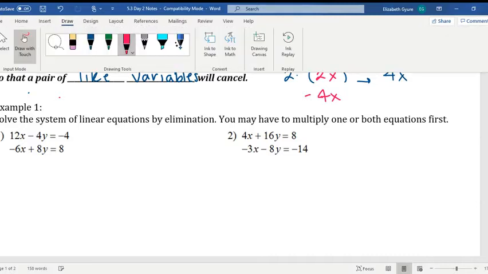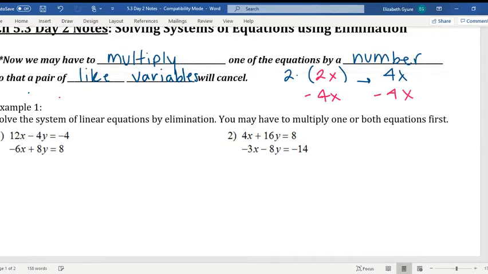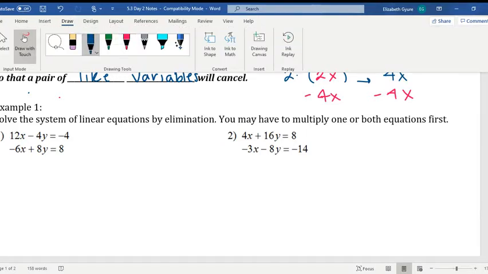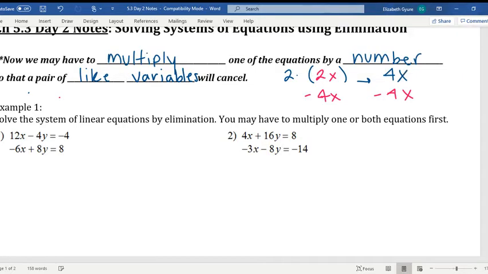Then let's say I didn't do anything with the other number at all, and I just kept it a negative 4x. Now, will those cancel? Will a 4x cancel with a negative 4x? Yeah. So that's kind of what we're going to have to do with this. We're going to have to see what number could I turn this into to make them cancel.